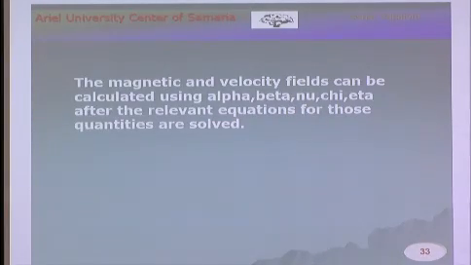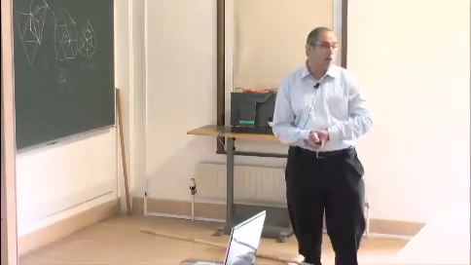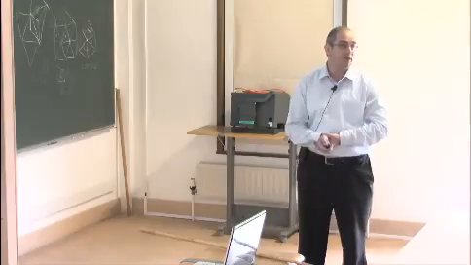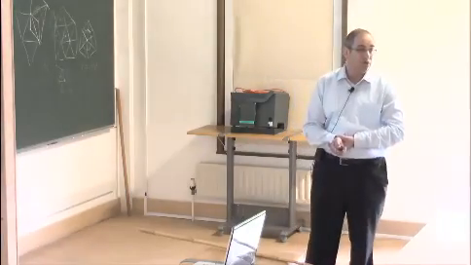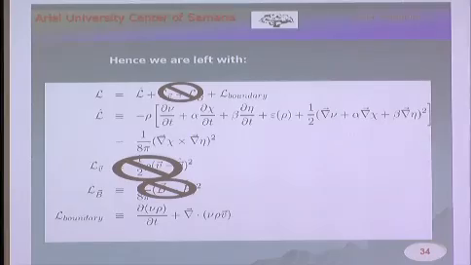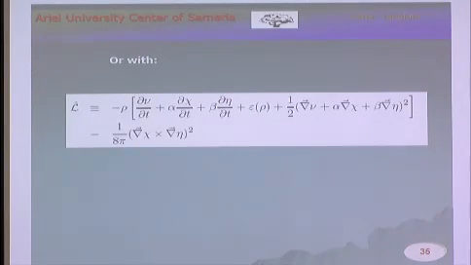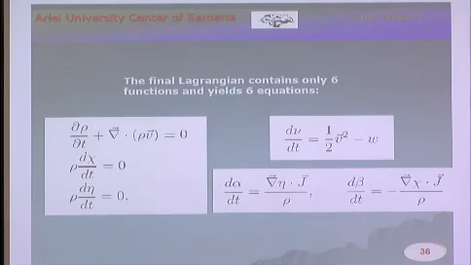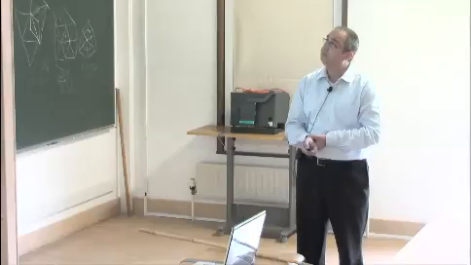So you can just take alpha, beta, nu, chi, and eta once you have them and plug them in the definitions and get the velocity and the magnetic field. So if you take this as a definition, those terms are gone, and you remain with this L hat, which depends on those 6 functions. So the final Lagrangian contains only 6 functions and yields 6 equations, which are given here.